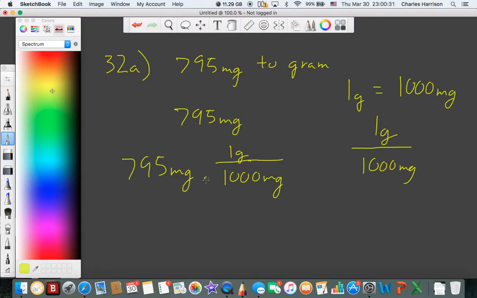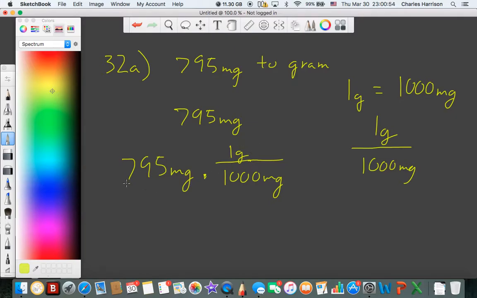Now the key to this, when we times by this ratio, we need to remember that we want to cancel out the milligrams and be left with grams.